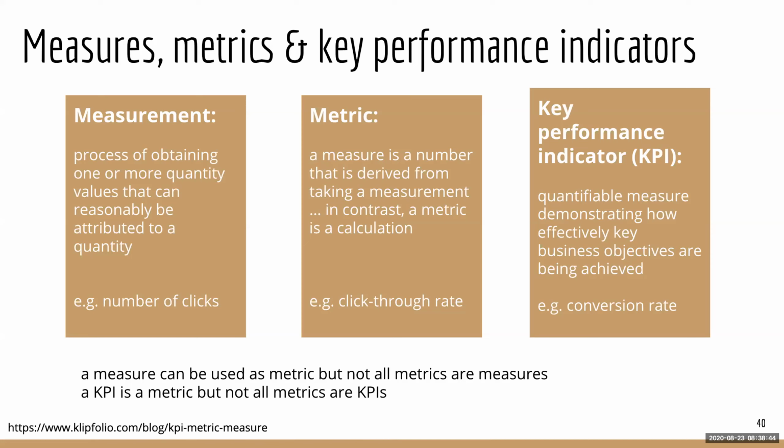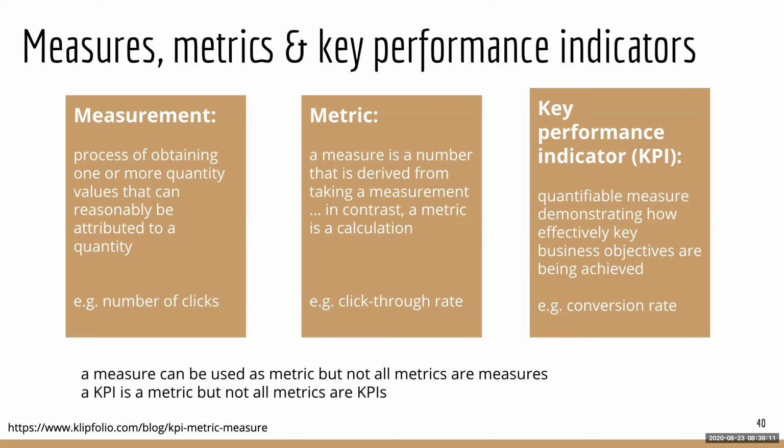A measure is a number that is derived from taking a measurement. In contrast, a metric is a calculation, like click-through rate. I want to make it clear that a measure can be used as a metric, but not all metrics are measures. So you can use a measure as a metric, but the other way is not correct.